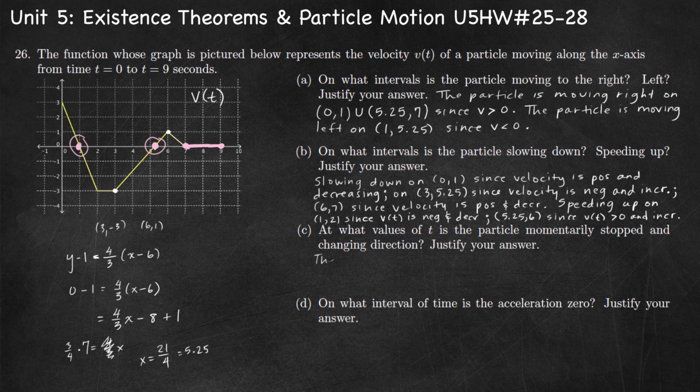So the particle is momentarily stopped and changing direction. I'm just going to say it's changing direction at t equals 1 and t equals 5.25, since velocity changes sign.